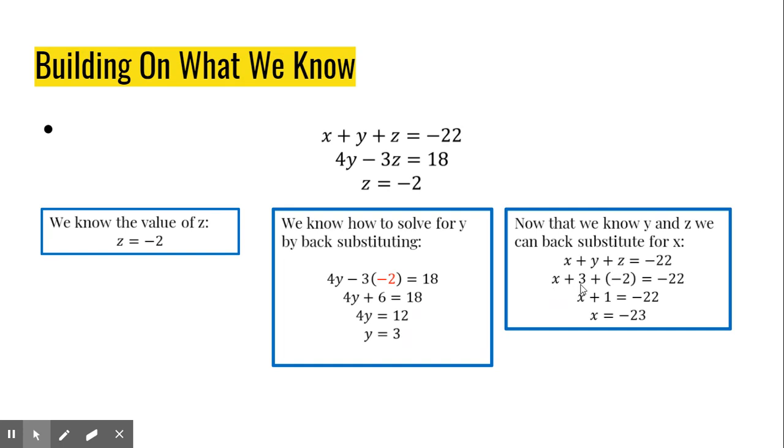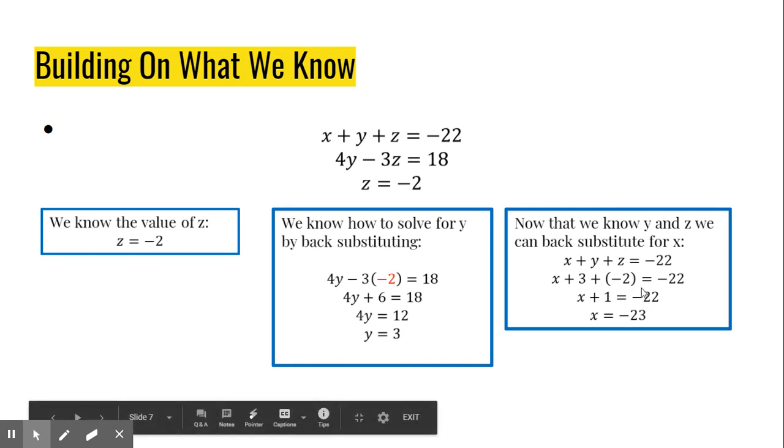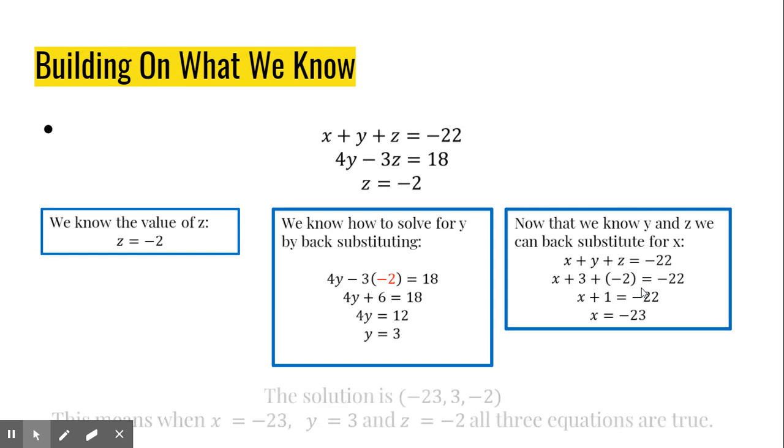That gives us x plus 3 minus 2 is equal to -22. Plus 3 minus 2 is 1, so we have x plus 1 is equal to -22. Once we subtract 1 from both sides, we end up with our x value, which is -23.